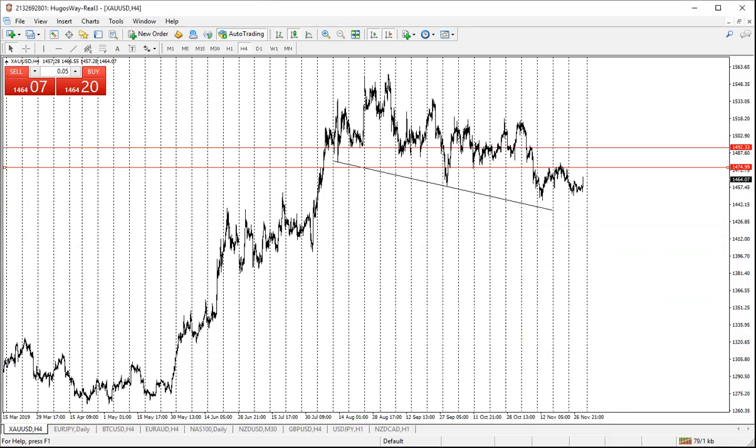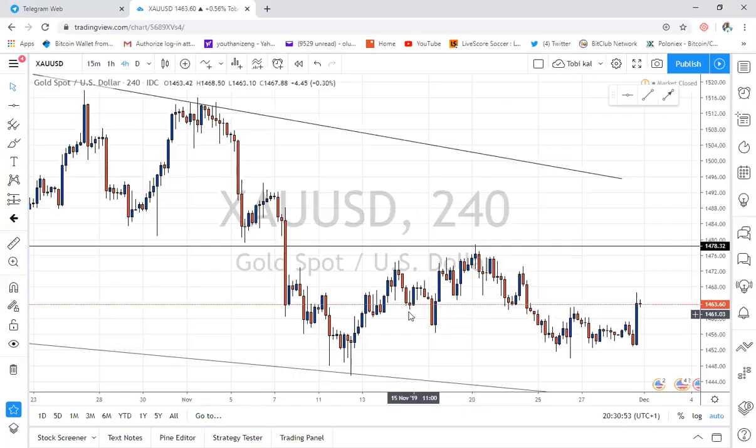Okay, so I'll go back right here. Let me come back to TradingView. All right, so back to TradingView, and of course you can also use your Fibonacci here.